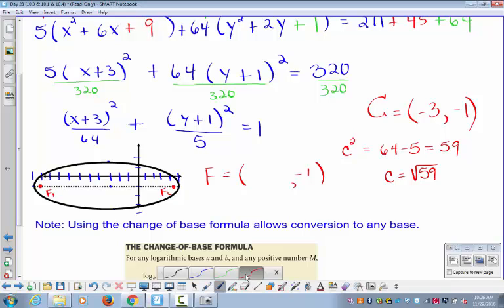We start at the -3 as the x value in the center, and from that x value we're going to go square root of 59 to the right, and minus square root of 59 to the left. So we'll do whatever that x value is, which is -3, and then plus or minus root 59. Those will be the two foci.